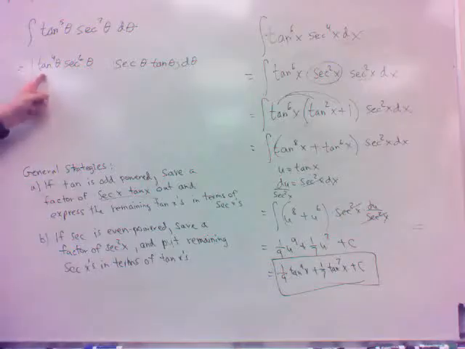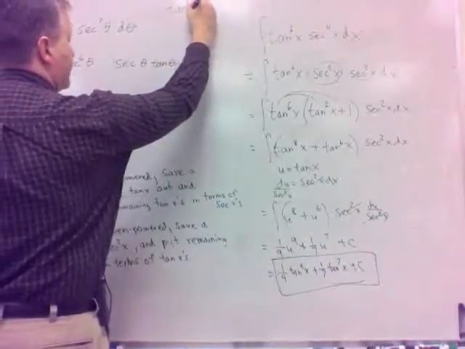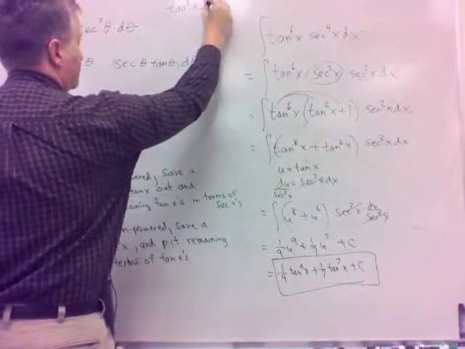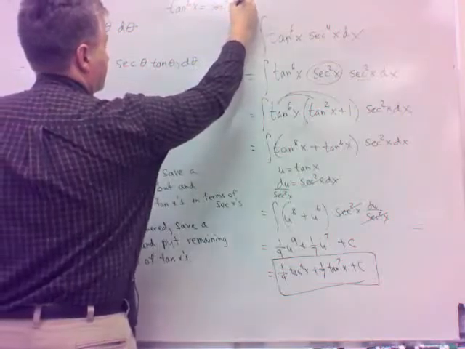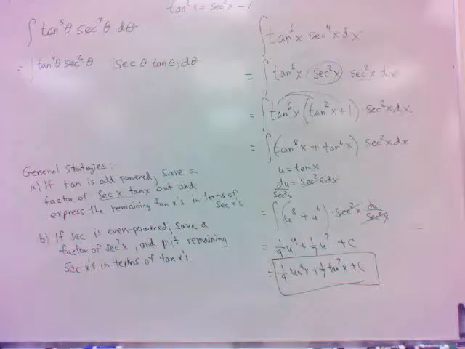And you'll see why in a second. Then I express the tangents in terms of the secant. Well, what do I know about tangent in terms of secant? Well, tangent squared x equals what? I got it wrong a while ago, so secant squared minus 1. Tangent squared is secant squared minus 1. So, I've got tangent to the 4th. What am I going to do with that?